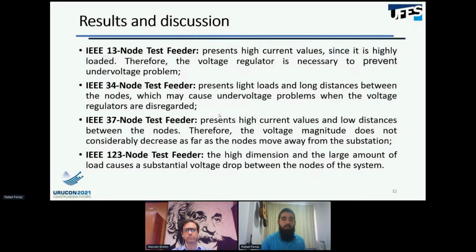The IEEE 37 node test feeder presents high current values and low distance between the nodes. Therefore, the voltage magnitude does not constantly decrease as far as the node moves away from the substation. And the last one, the IEEE 123 node test feeder, the high dimension and the large amount of load cause a substantial voltage drop between the nodes of the system.